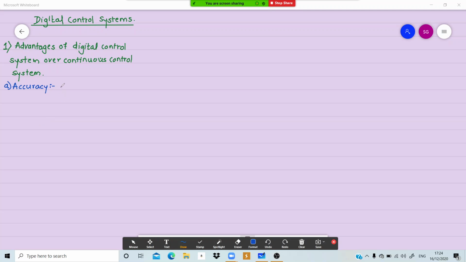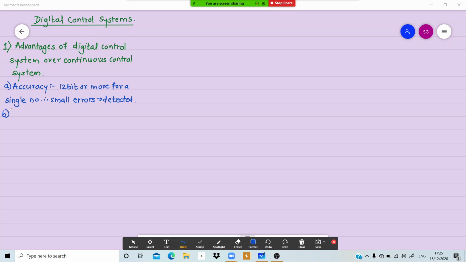So I'll write in short: 12 bit or more for a single number, and therefore small errors can also be detected. This is one important advantage.